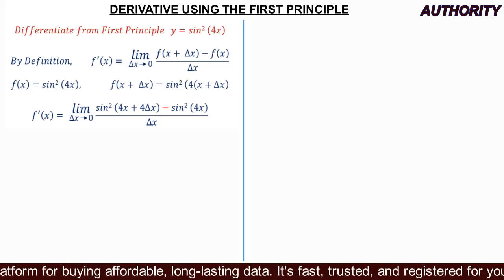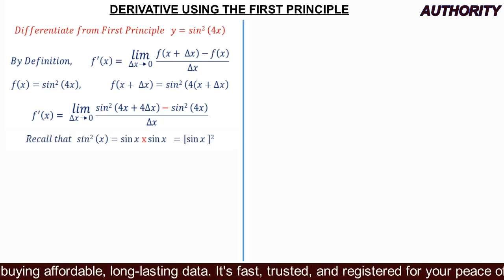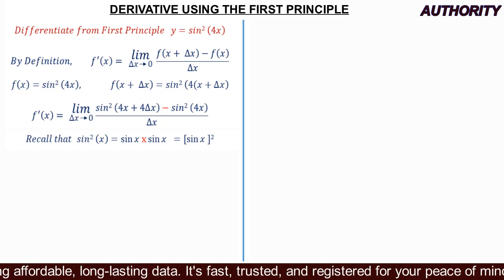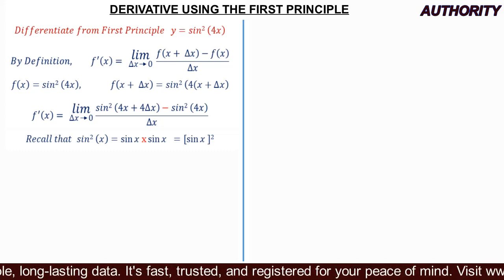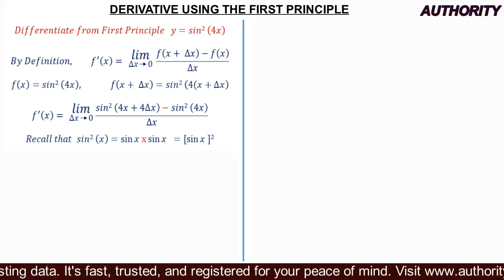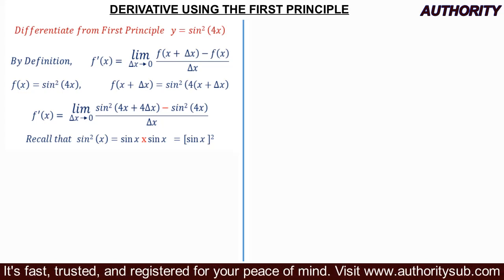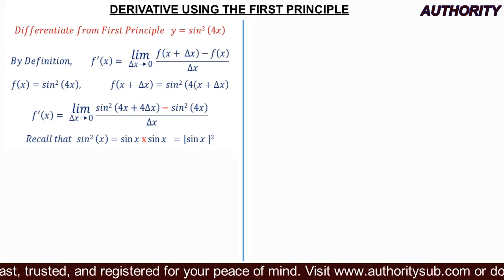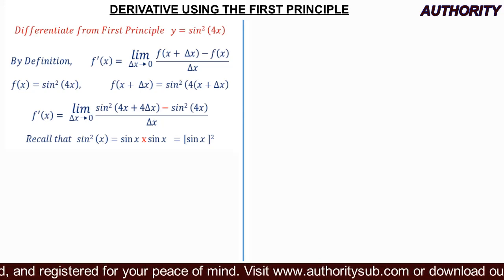Okay, good. Now look at this. When you hear something like sine squared x, I want you to know that it is the same as saying sin x multiplied by sin x.